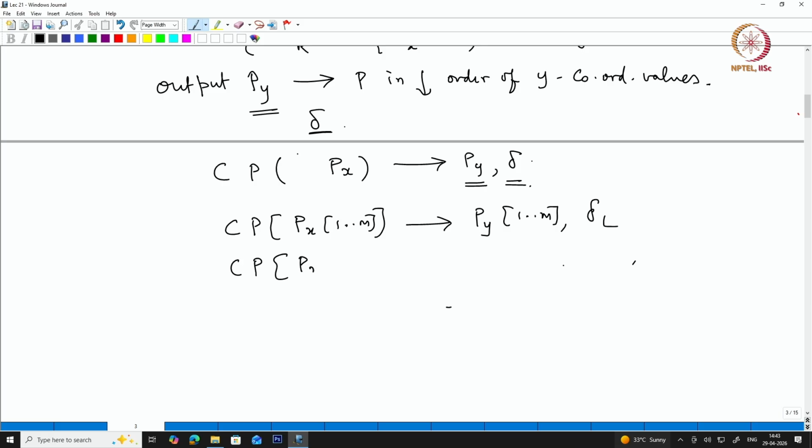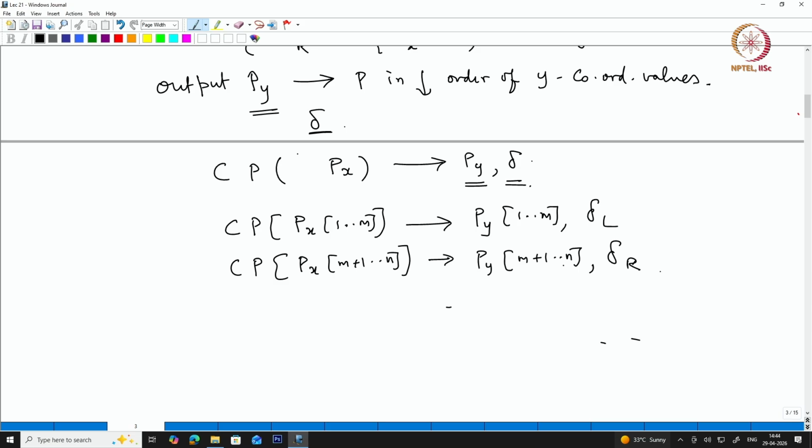Then closest pair on Px M plus 1 to N. This is going to output the same set of points in decreasing order of y, M plus 1 to N, and delta R. Okay. So there is a set of points in the decreasing order of y, and there is another set of points in the decreasing order of y. So Py 1 to M and Py M plus 1 to N are available.